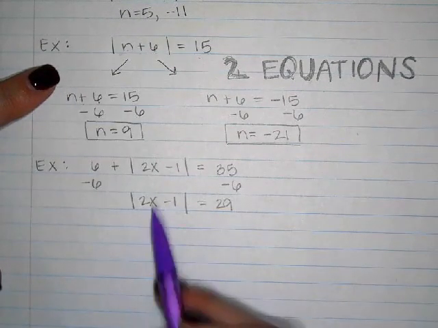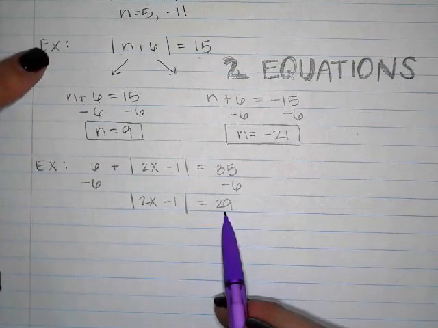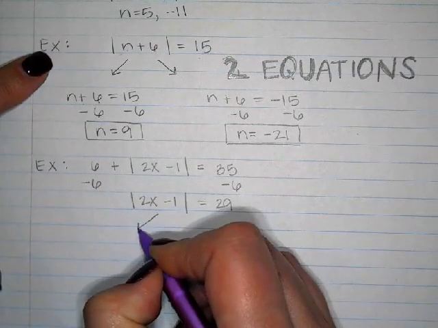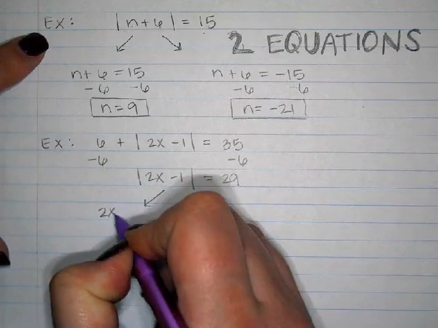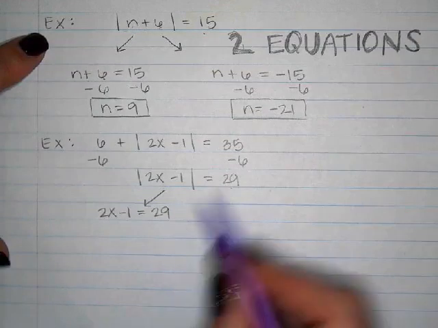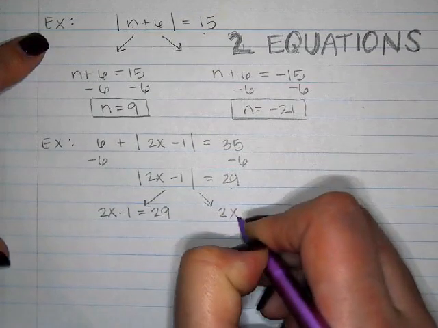Now I can go ahead and break this up into my two equations. So I can say whatever that number was, it could have equaled 29, so it had a distance of 29, or this number could have equaled negative 29, and so it had a distance of 29.